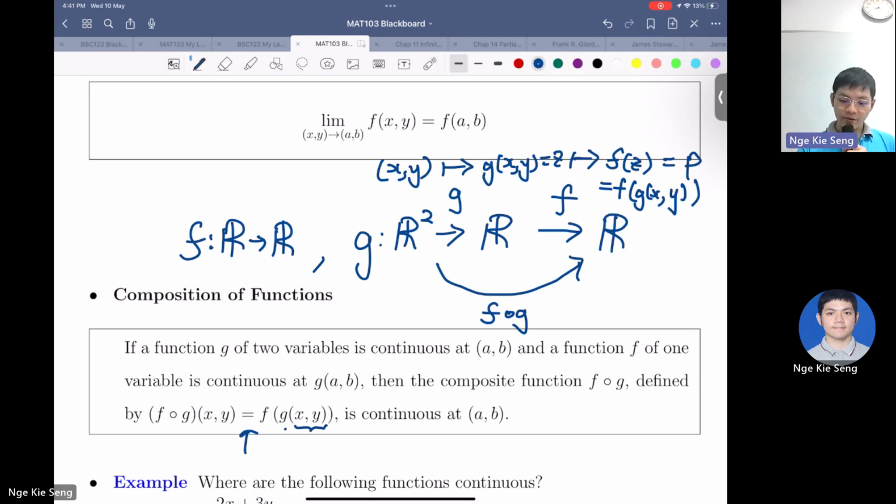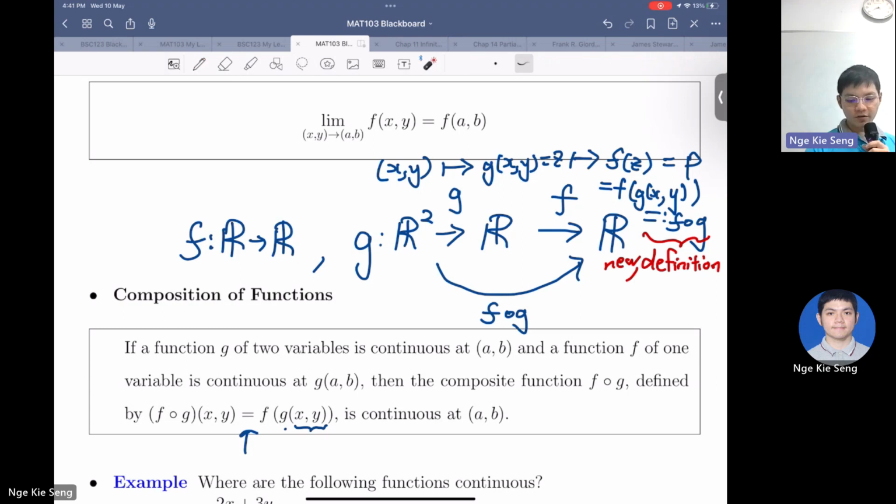And this is very, very important. We define this thing as f composed with g. Actually, before I say all this, this thing doesn't make sense. This is a definition, a new definition when you compose two functions.